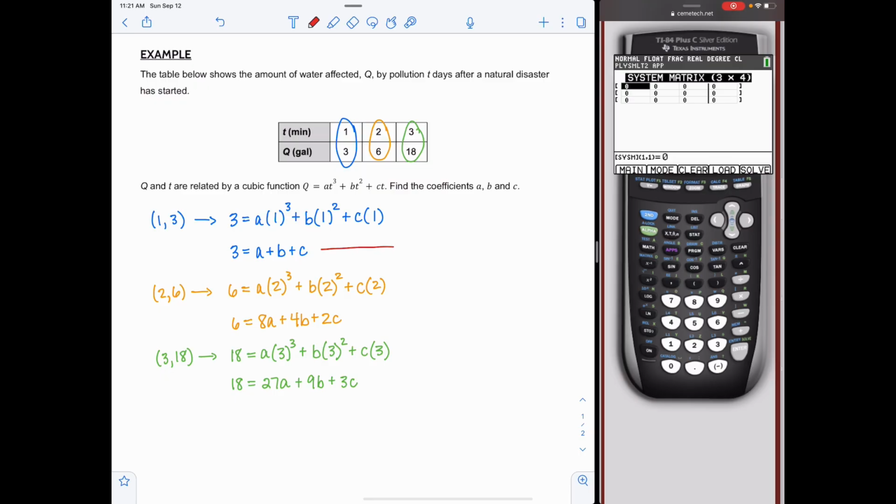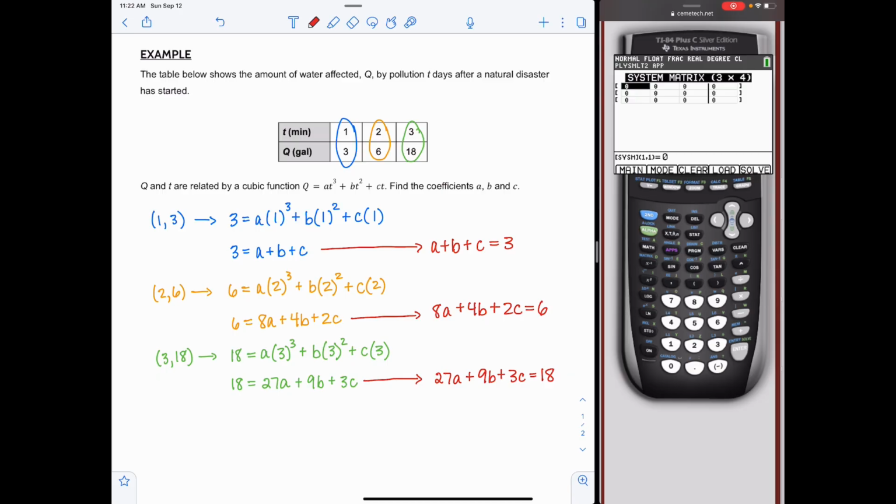So you can rewrite your equations and swap the left side with the right side. I will have A plus B plus C is equal to 3. I will then have 8A plus 4B plus 2C is equal to 6. And then I will have 27A plus 9B plus 3C is equal to 18.